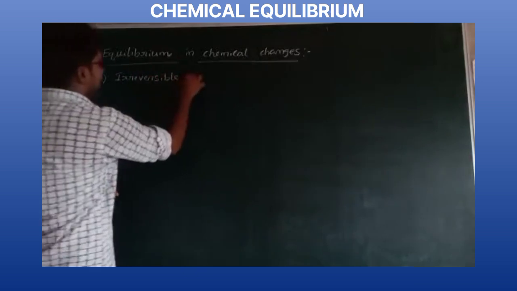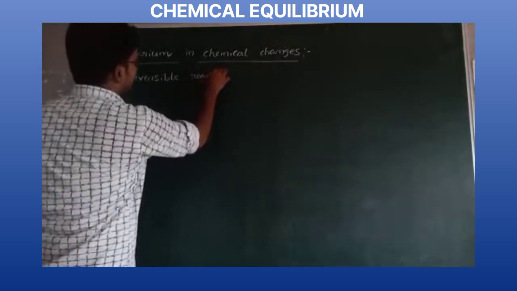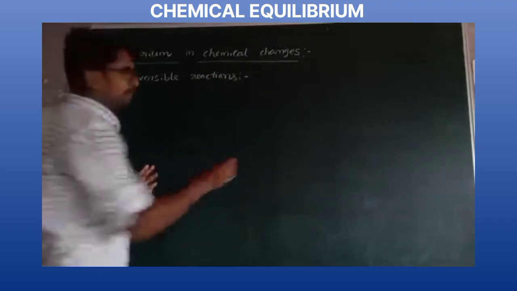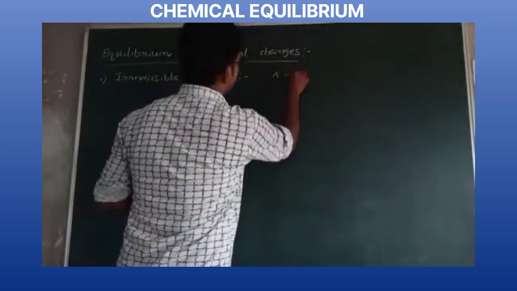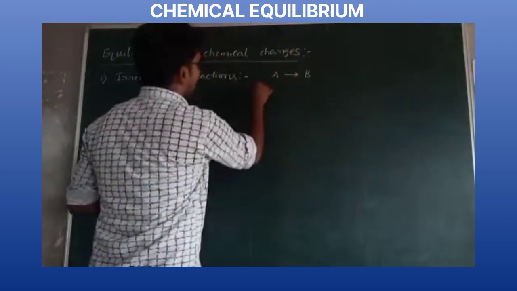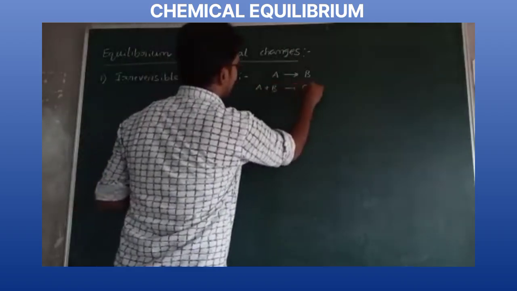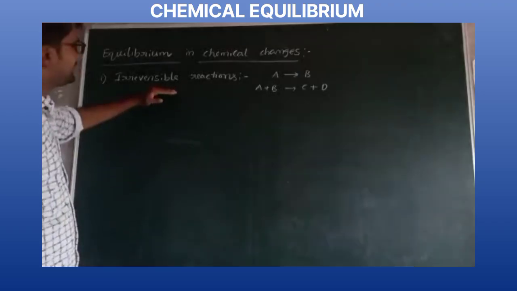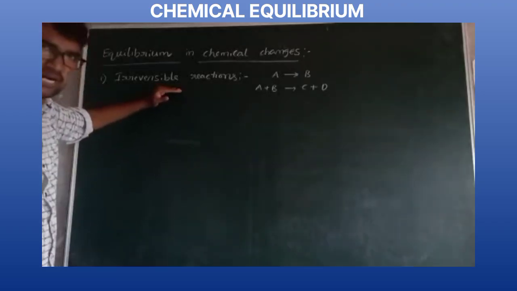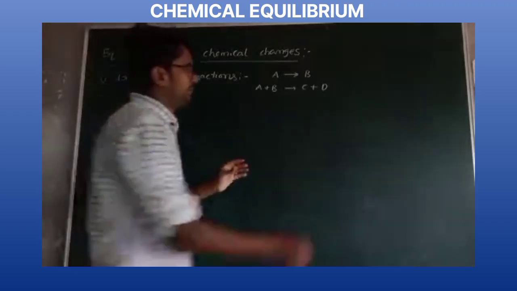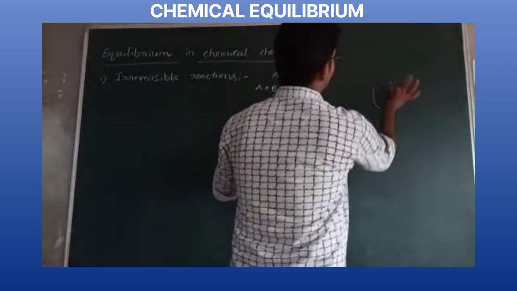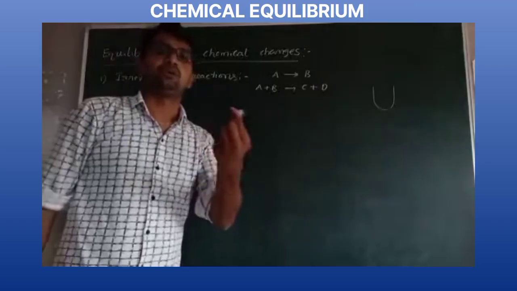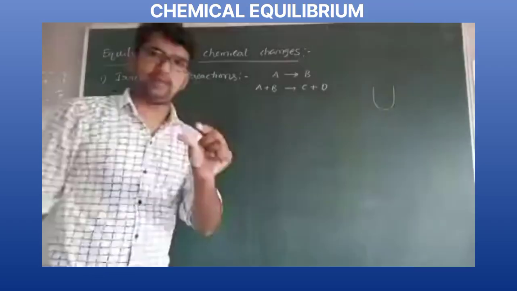Actually, irreversible reactions are not equilibrium reactions, because A directly gives rise to B, or A plus B gives rise to C plus D. This type of reaction occurs in an open vessel, meaning there is no closing, like an open test tube.